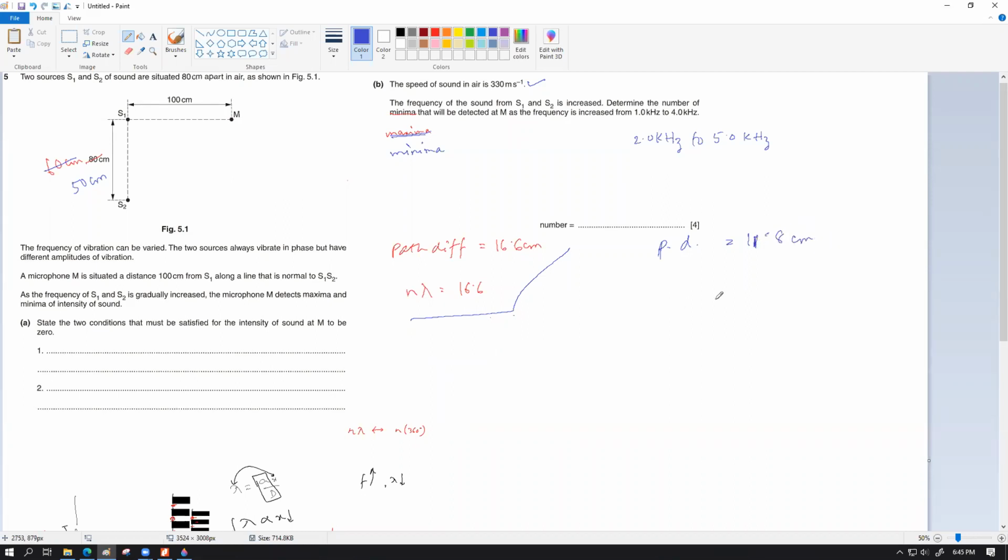Okay. And then I'm going to take the lambda values. So lambda for 2.0 kilohertz কত আসছে? Sir, 16.5. Centimeter. And this one? Sir, 6.6. 6.6. I need another digit. 3 steps are always good.